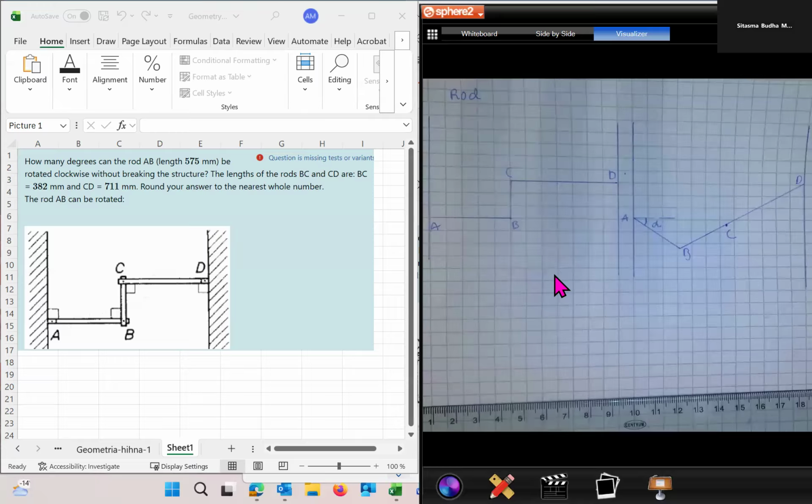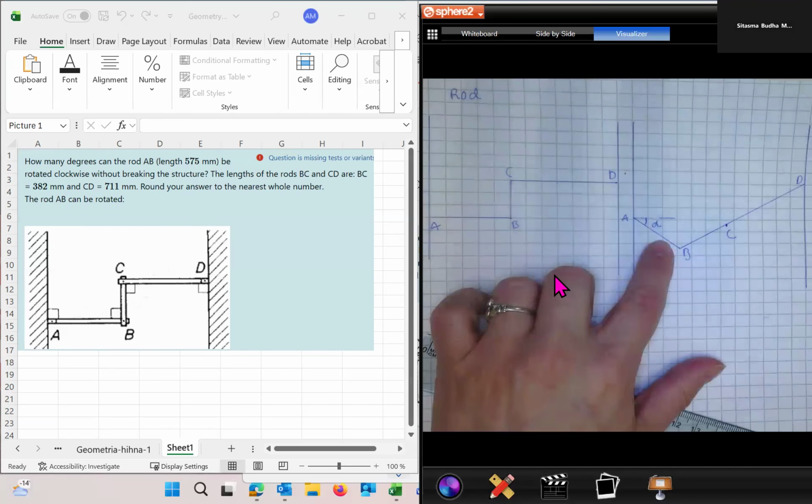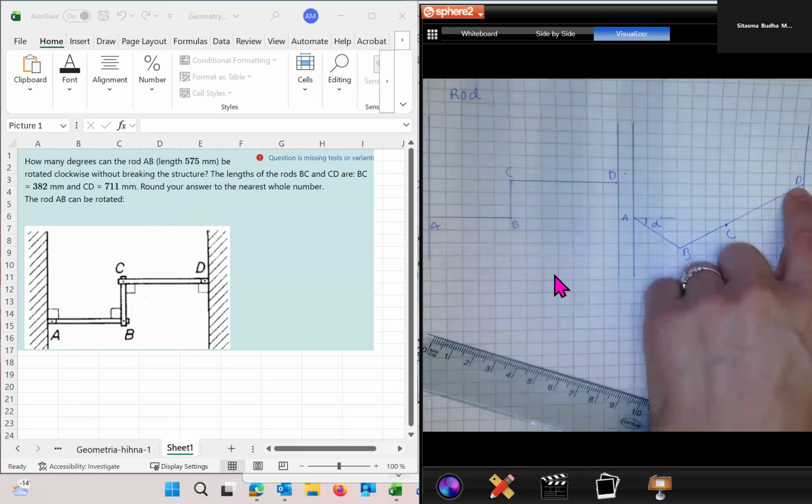And then how to solve angles, because we have the side lengths here, at least for this part. Well, obviously also for this part.